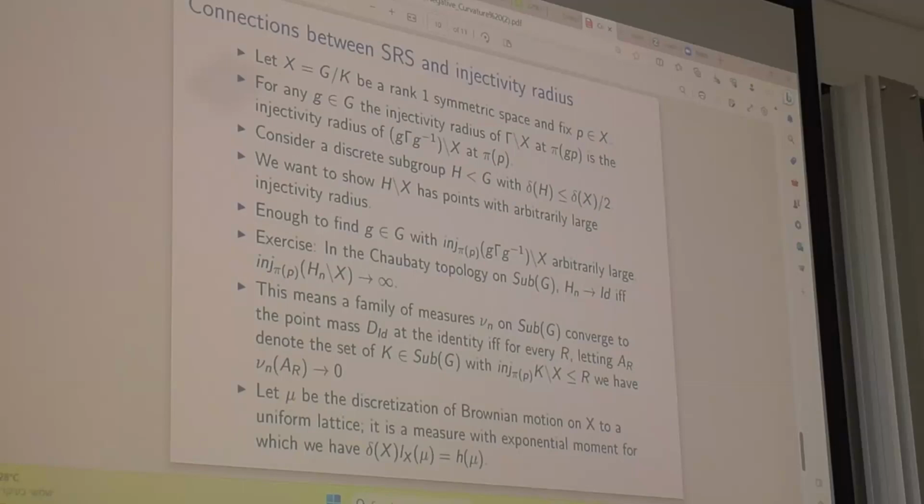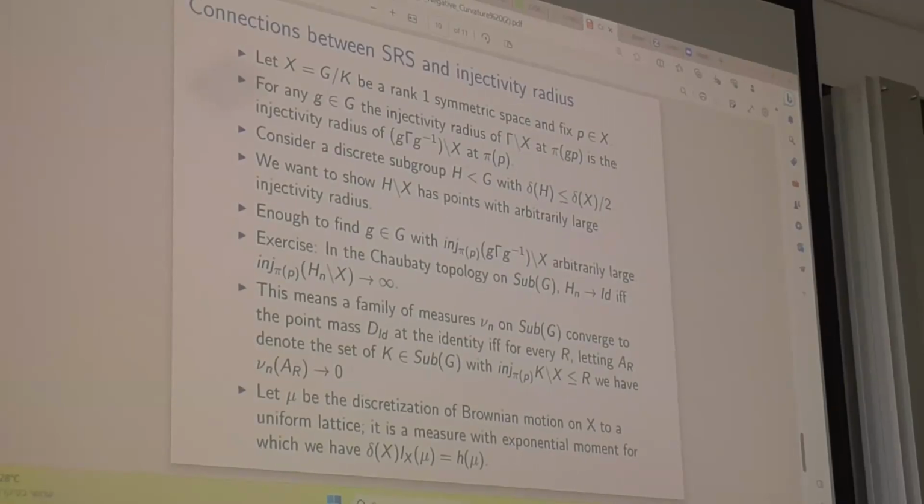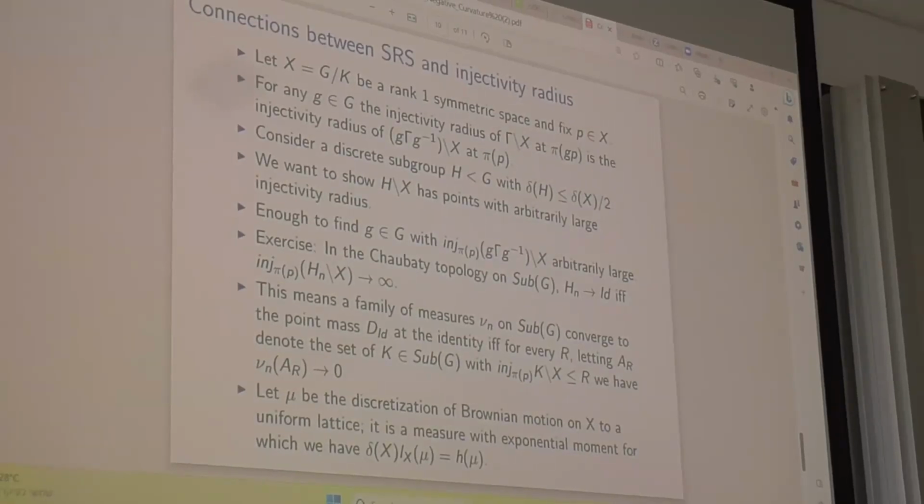It's a measure with moment conditions, and it satisfies the critical exponent times the drift equal to entropy. So in particular, we can use the SRS theorem. And we want to somehow use this measure to prove something about the injectivity radius of x mod H.